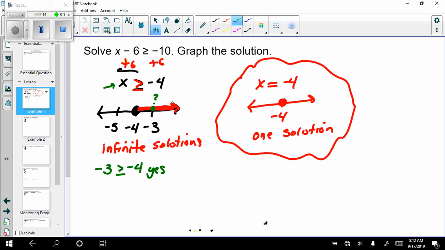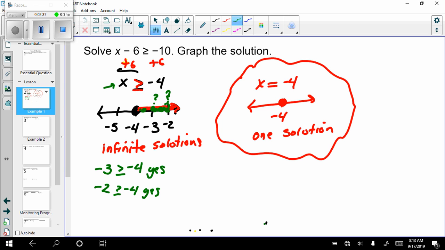How about if we chose -2? Is that greater than or equal to -4? Yes, it also is. But so is -2.5, -3.5, -2 1/4, -2 and 3/4.